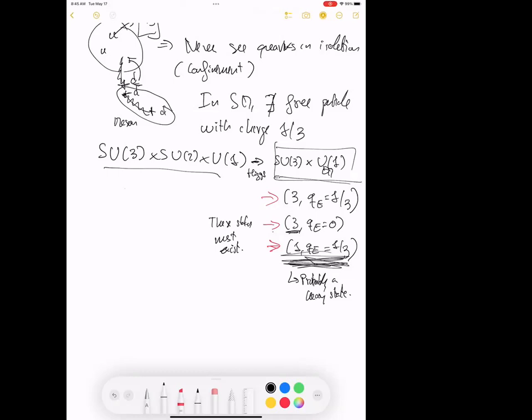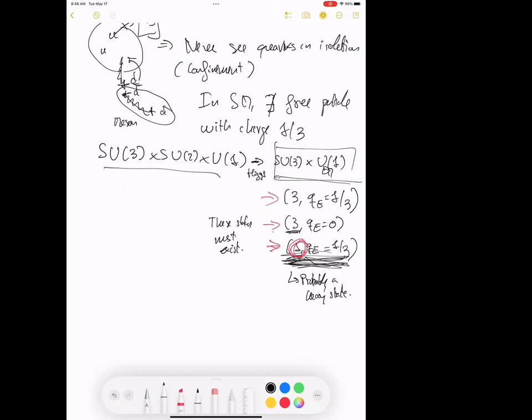When you try to construct particles out of quarks, it always happens that if you have something which is a singlet under SU(3), like here, then its electric charge is always an integer. That's why this one cannot be produced. Okay, thank you. I compare it with the quantum Hall effect, where the electron is effectively fractional.